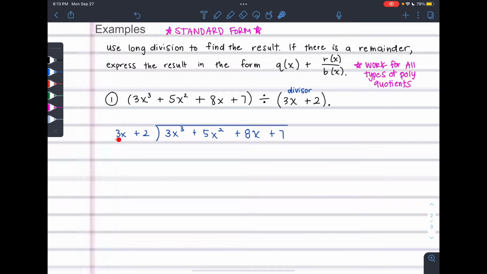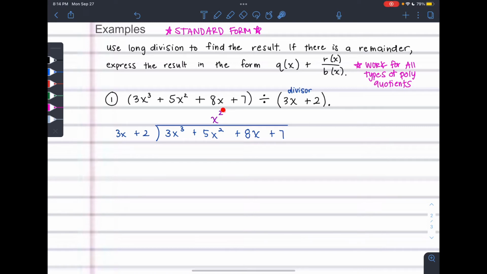So in here, we're going to compare 3x to 3x cubed. And we're trying to think, 3x times what gives us 3x cubed. Okay. Here, if we multiply 3x by x squared, that will give us the 3x cubed. So the x squared will be written above the x squared term on our quotient line.